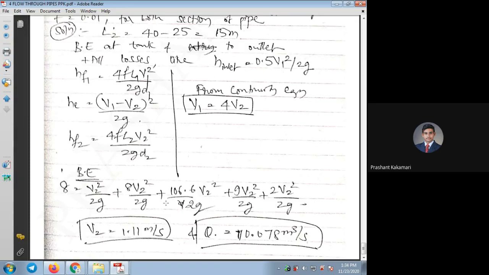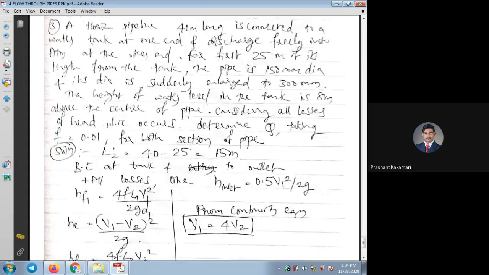So that is 8 equal to V2 square by 2G plus 8 V2 square by 2G plus 106.6 V2 square by 2G plus 9 V2 square by 2G plus 2 V2 square by 2G. Then from the question, what we need to find out is the discharge.